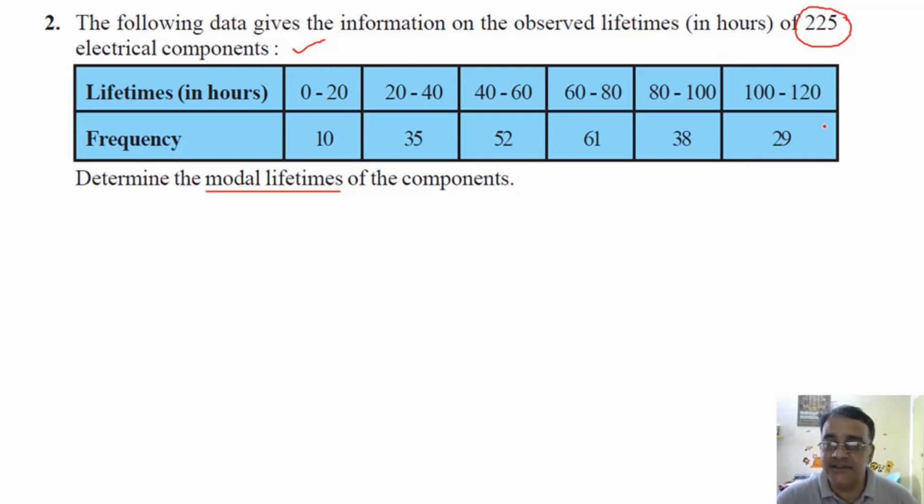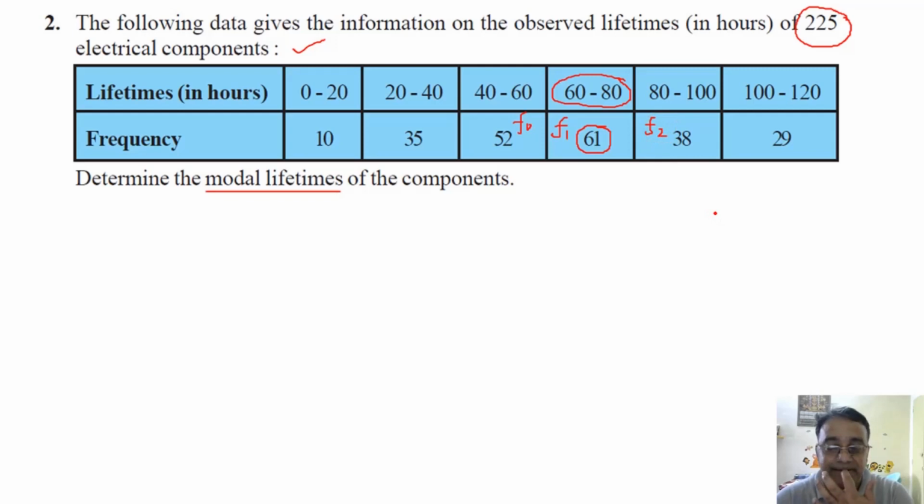So which is the highest frequency here? 61. And what is the modal class? 60 to 80. Right. So this is the modal class, and this is F1. What is F0? 52. What is F2? 38.